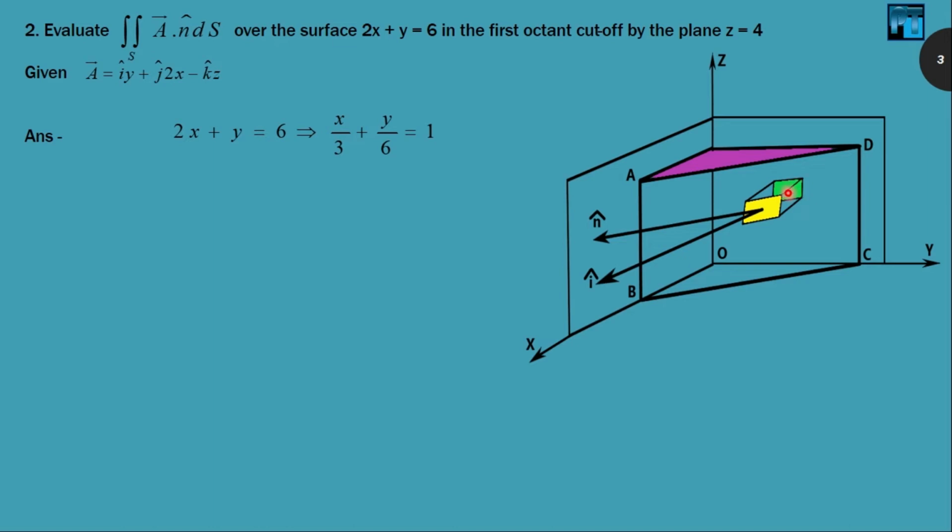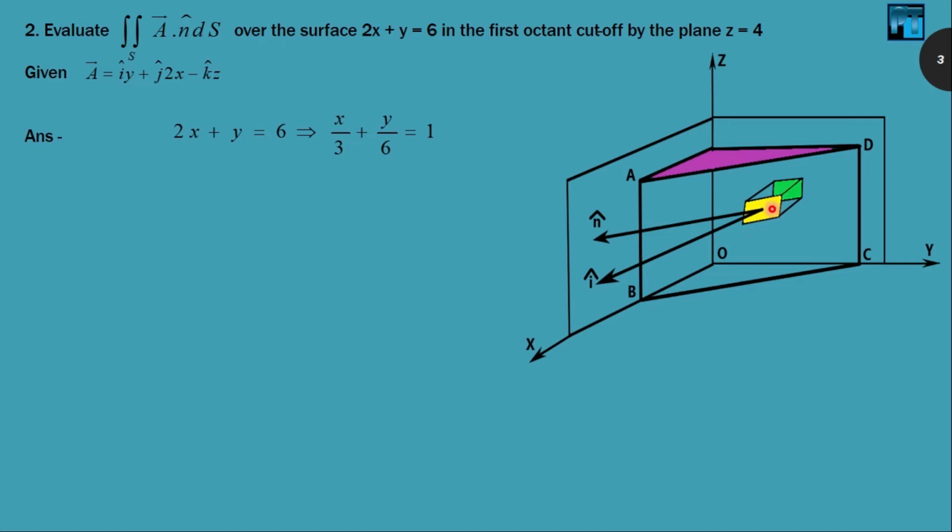This green box is the projection of the surface. This is the yellow box. This yellow box actually resides over this A, B, C, D, A surface. This x by 3 plus y by 6 equals to one surface. This is the small portion of this surface. Okay, and the projection of this surface can be anywhere.